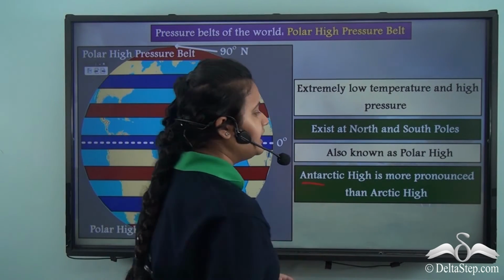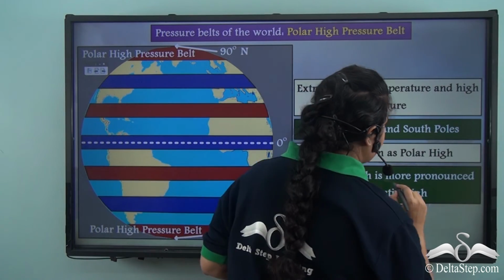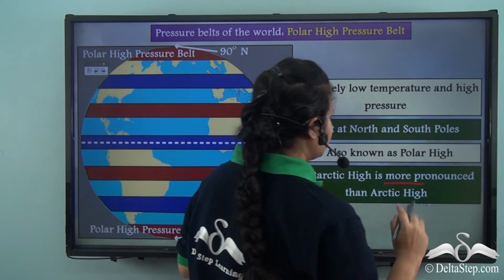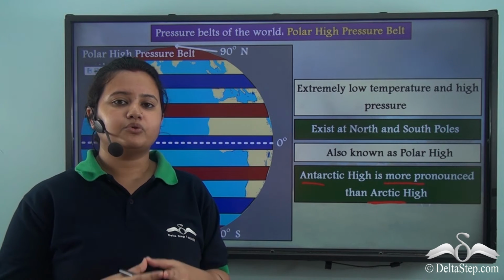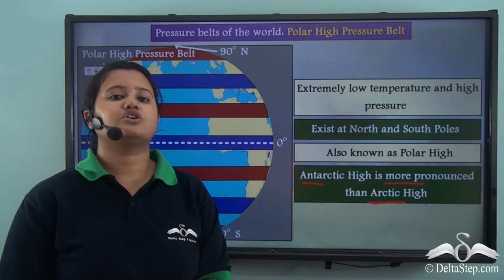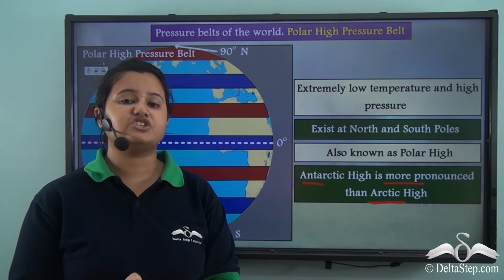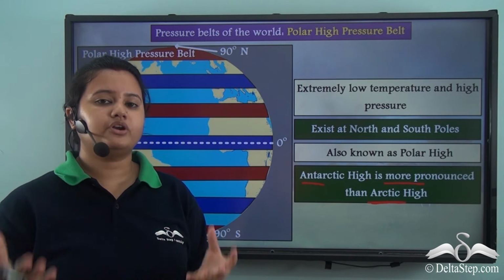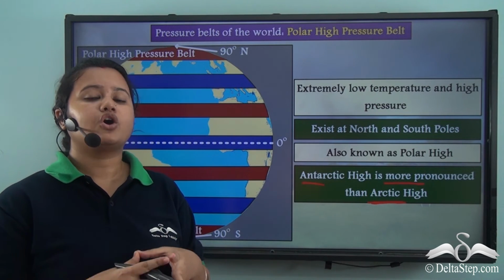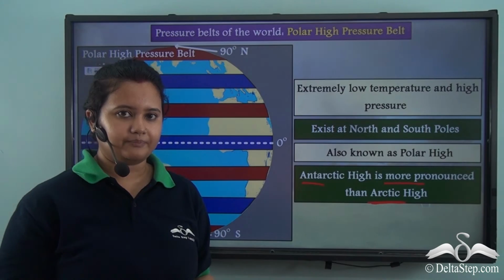The Antarctic high is more pronounced or more prominent than the Arctic high. And why is this so? This is because in the southern pole, the entire continent of Antarctica is found, which is a landmass. So the high pressure condition is more pronounced over the continent of Antarctica.